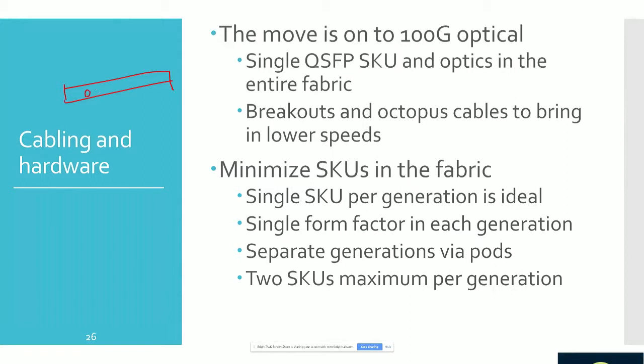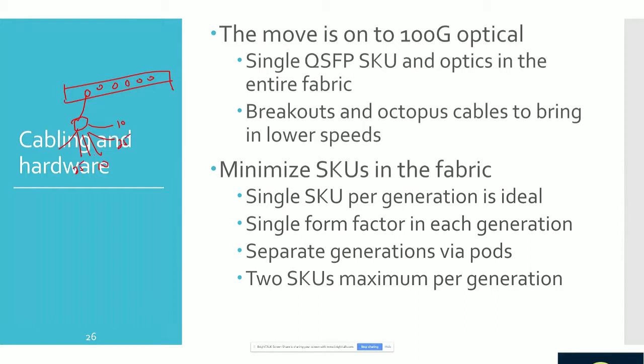And they'll run just 8 or 16 QSFPs that are plug-in modules that run out to a single cable. And then they'll run an octopus cable that actually breaks that out into multiple 10 and 25 gig links. And then these will actually connect to the servers.